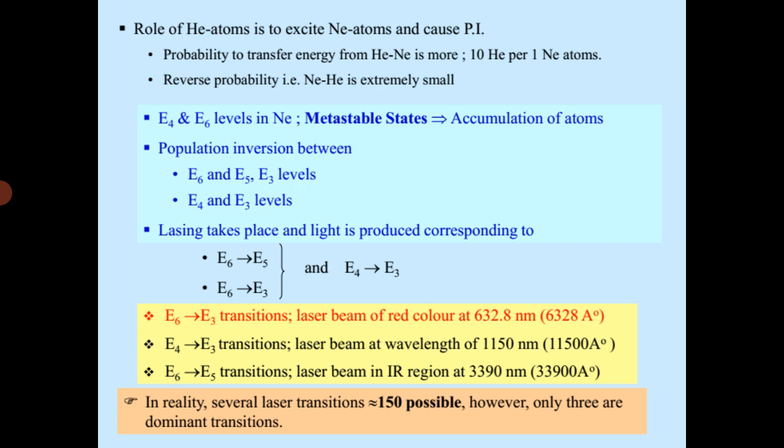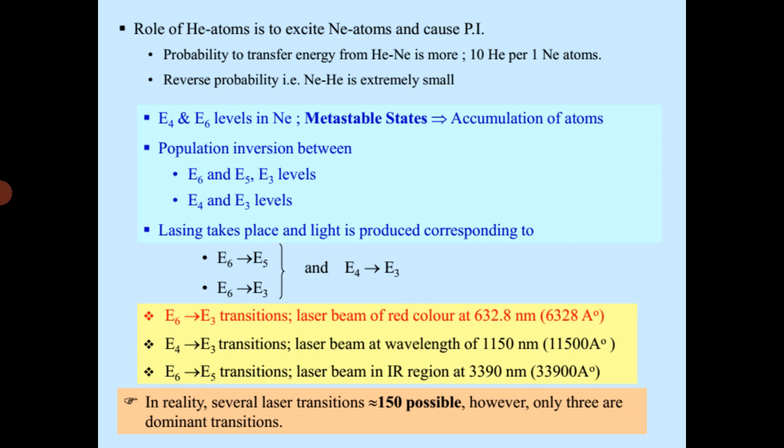The E4 and E6 levels in neon are metastable, where atoms accumulate. In this 4-level scheme, population inversion occurs between E6 to E5 and E3 levels, and E4 to E3 levels, and lasing takes place. Light is produced corresponding to E6 to E5, E6 to E3, and E4 to E3. Then there are 3 different population inversions and 3 different output values.